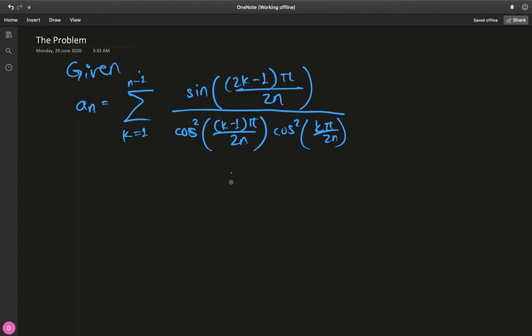We are asked to find the limit as n goes to infinity of a sub n divided by n cubed.